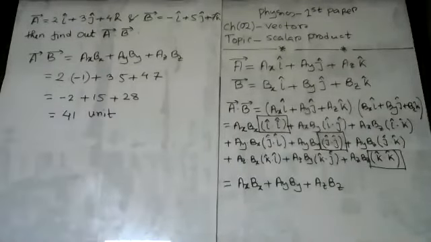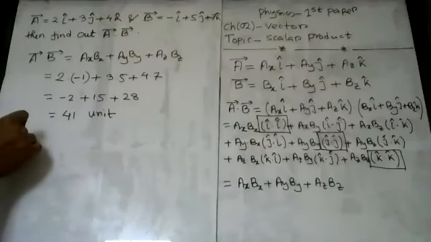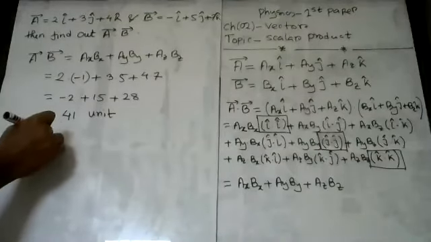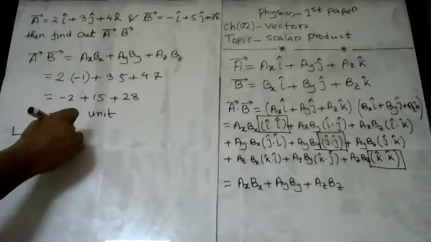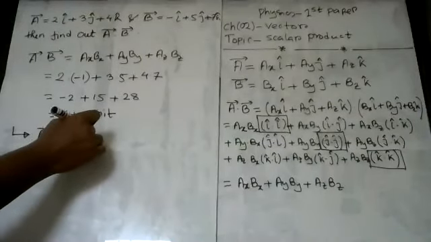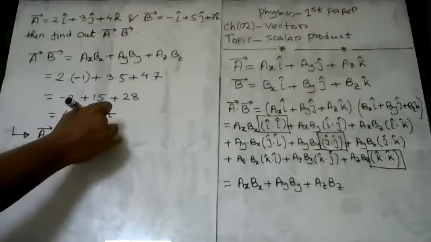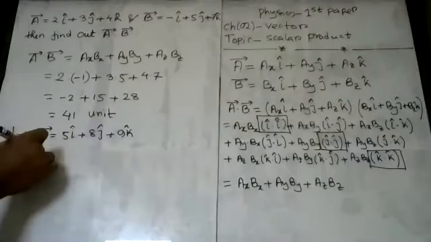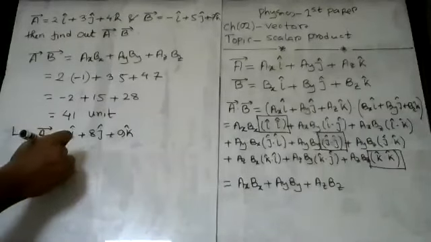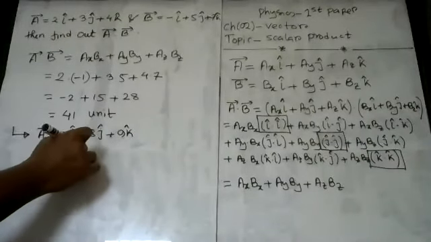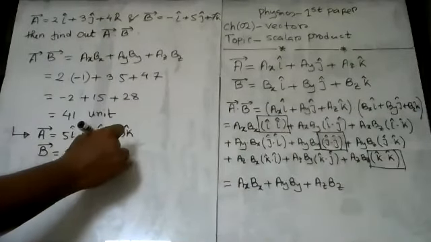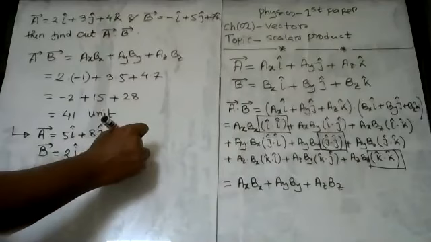Now let us solve another question, my dear student. Suppose vector A equals 5i hat plus 8j hat plus 9k hat, and vector B equals 2i hat minus 12j hat plus 20k hat.